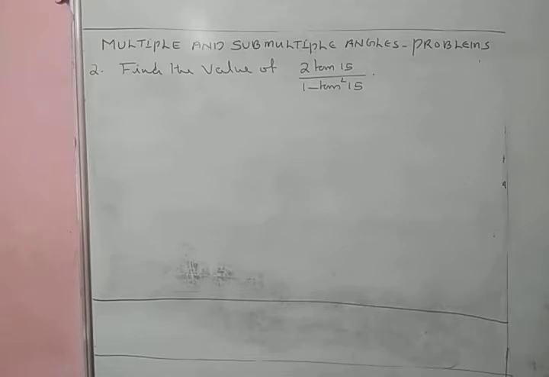Next problem. Find the value of 2 tan 15 divided by 1 minus tan squared 15. This expression is of the form 2 tan theta by 1 minus tan squared theta. We know that 2 tan theta by 1 minus tan squared theta is tan 2 theta.